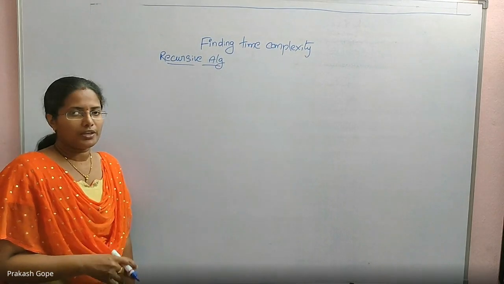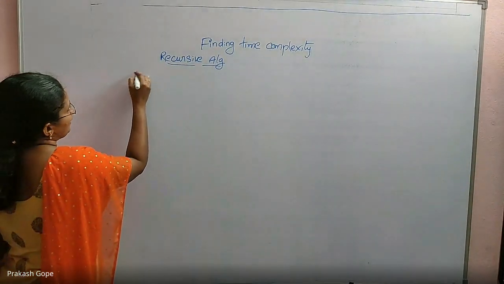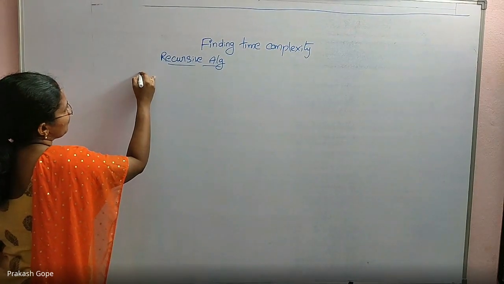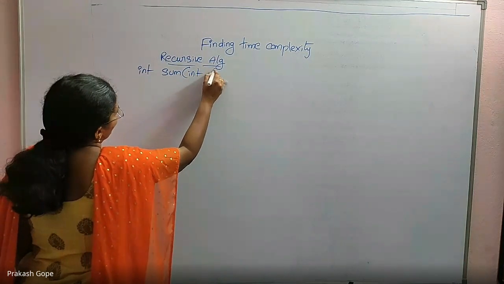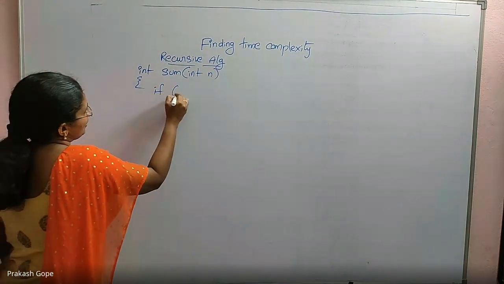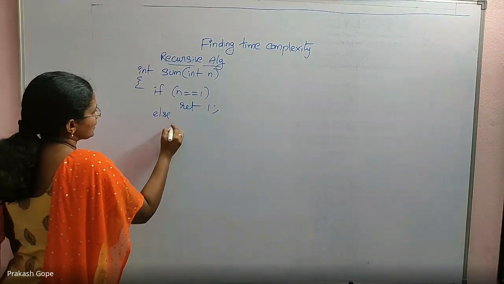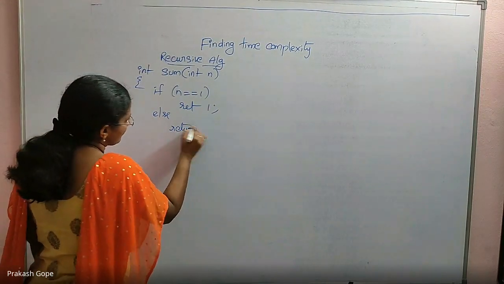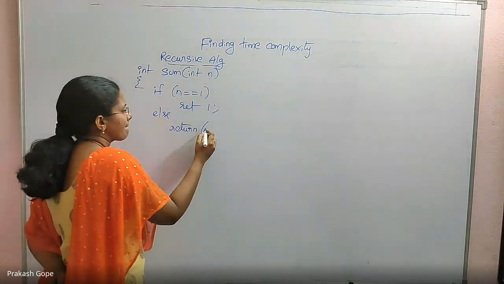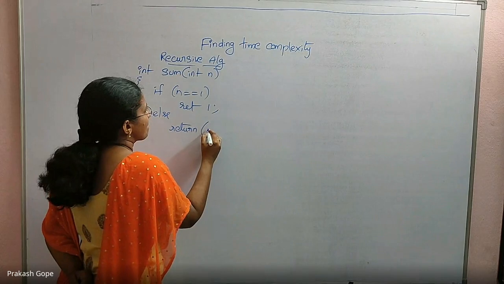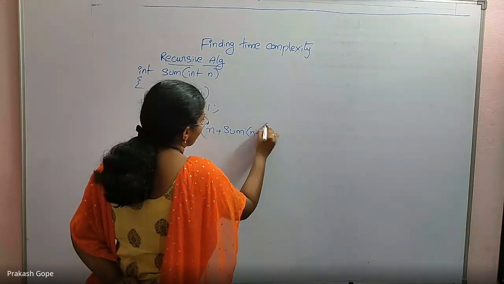So first, we will write different recursive algorithms. First thing is int sum of int n. If n equal to 1, return 1, else return n plus sum of n minus 1.